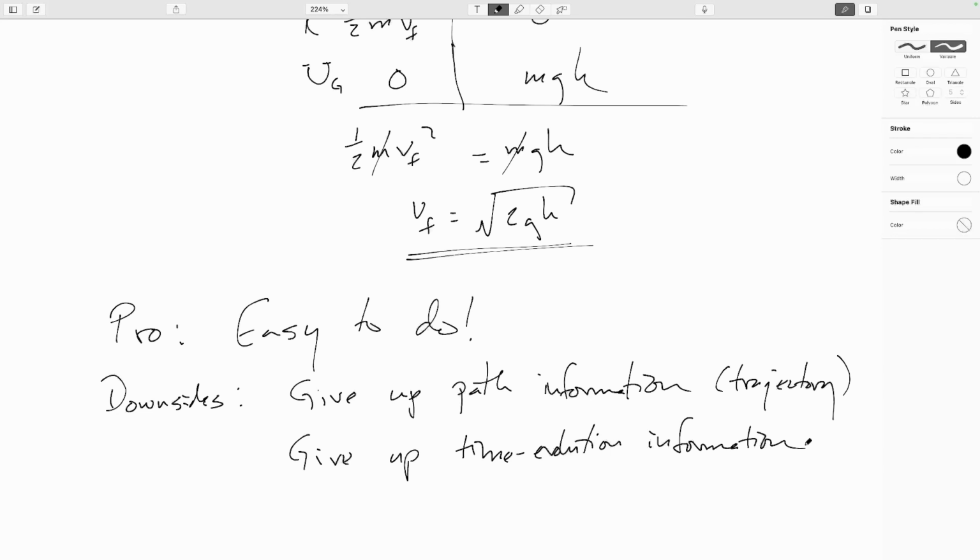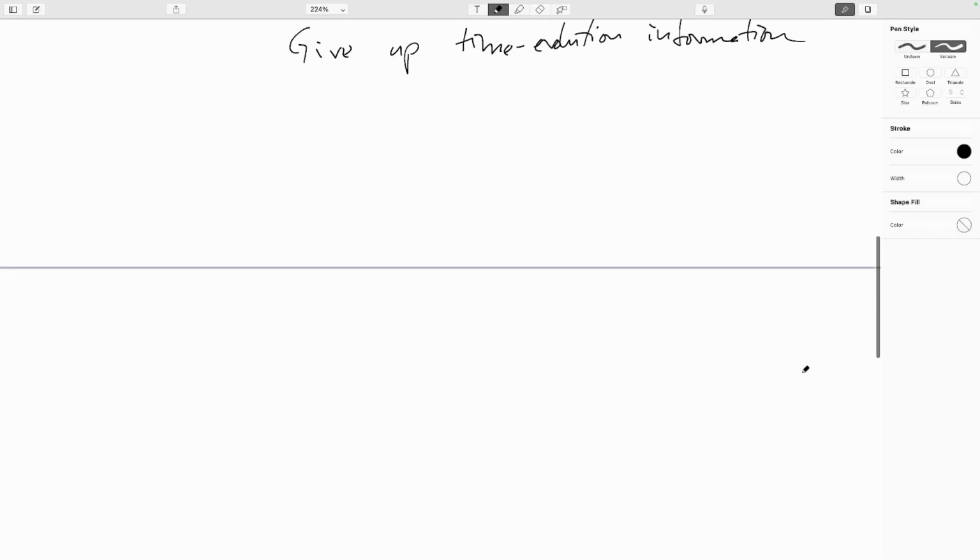If that was important to us, we'd have to do forces and kinematics again. And so those are the limitations. But a lot of times we don't need those, or we know them already, like the path is the track or something like that. In which case, if a problem lends itself to energy analysis, we'd like to go there because it's a lot easier to do.